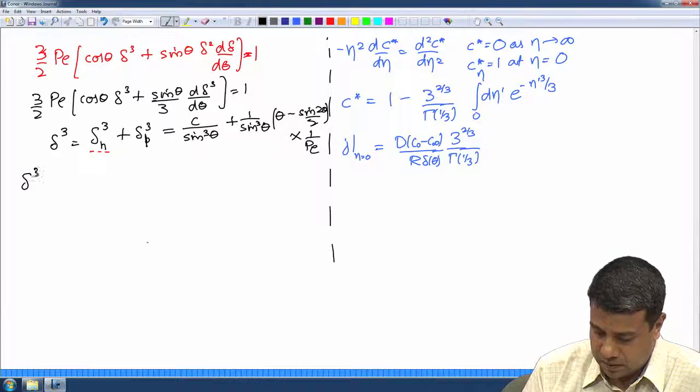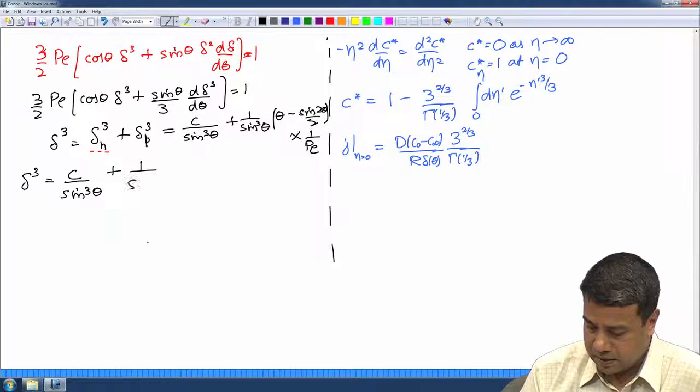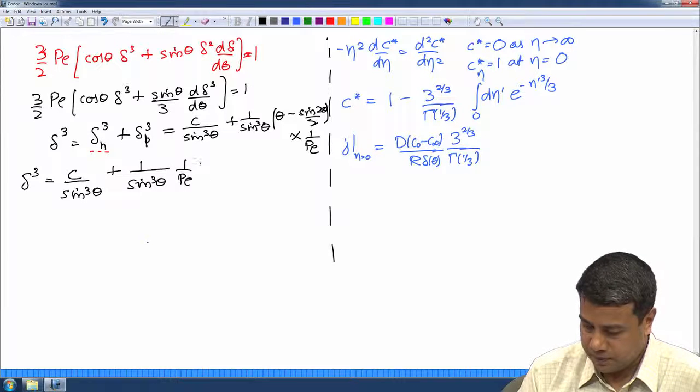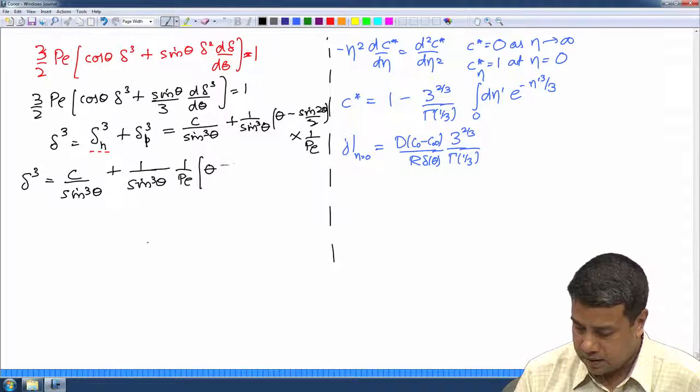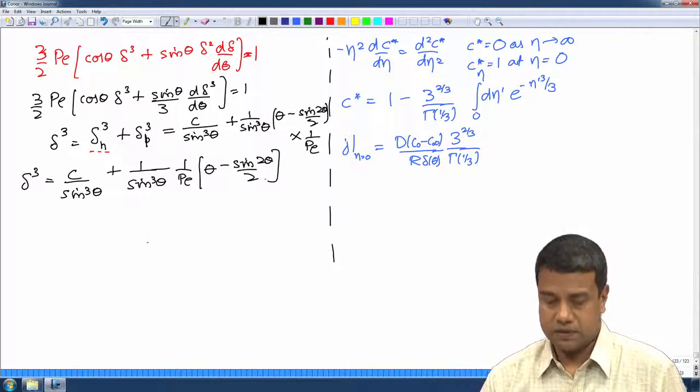Therefore, delta cubed is equal to C by sin cubed theta plus 1 by sin cubed theta into 1 by Pe into theta minus sin 2 theta by 2. That is the boundary layer thickness cubed.